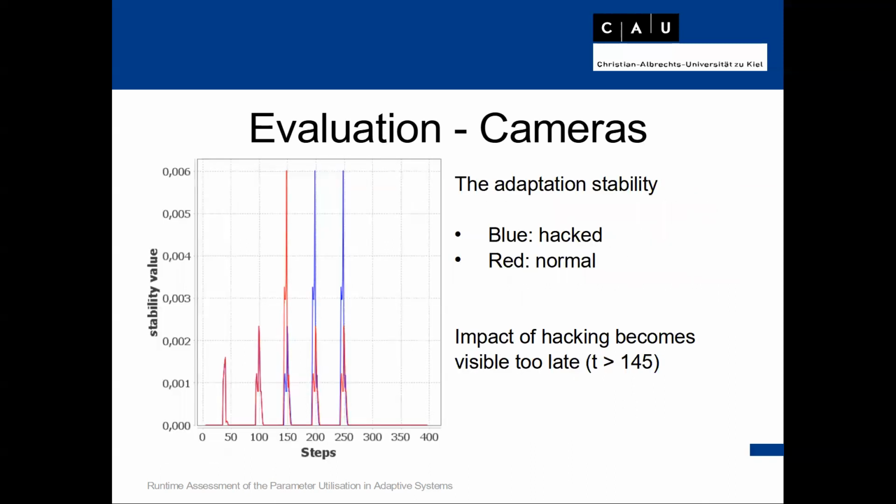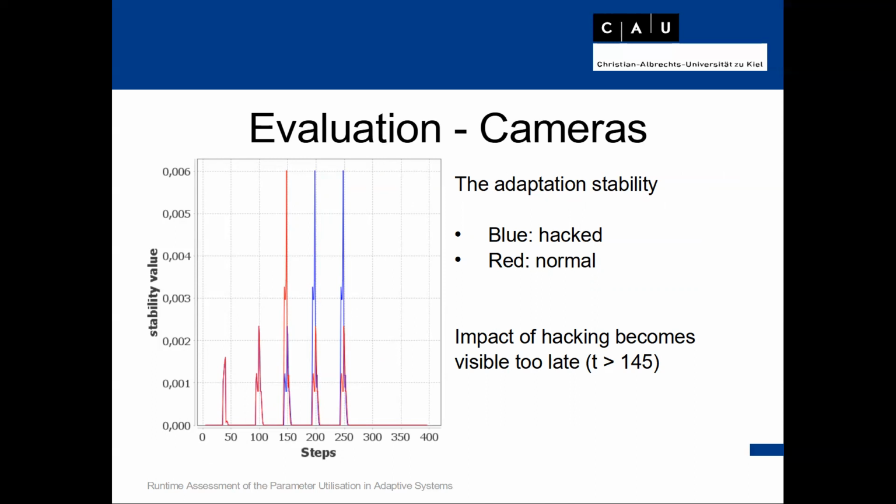So what does it look like in our measures? First of all, the stability adaptation, the adaptation stability measure. Two graphs here. The red one is the normal behavior, the expected behavior. Let's say this is the one from the night before. Everything is as usual.